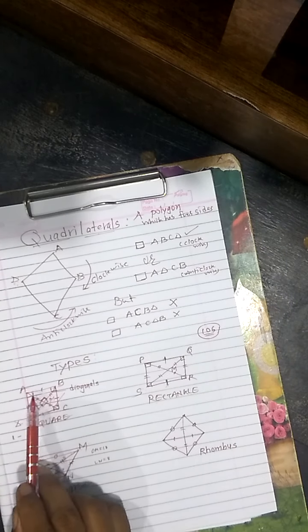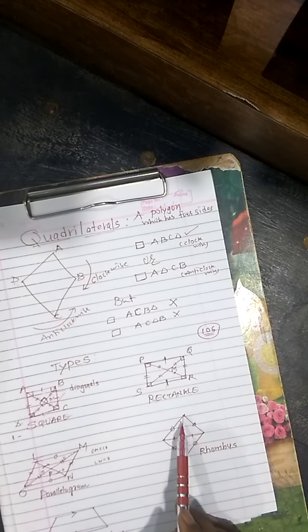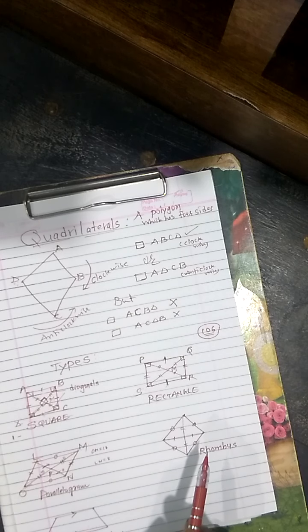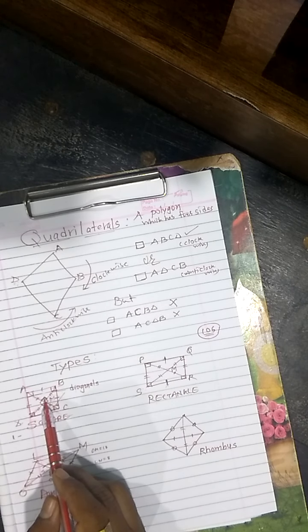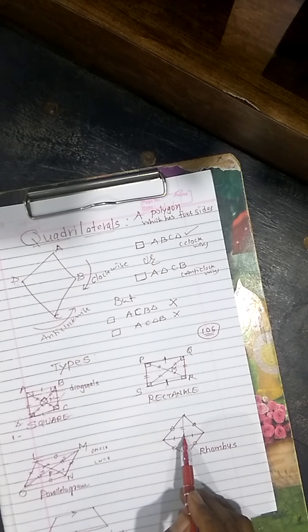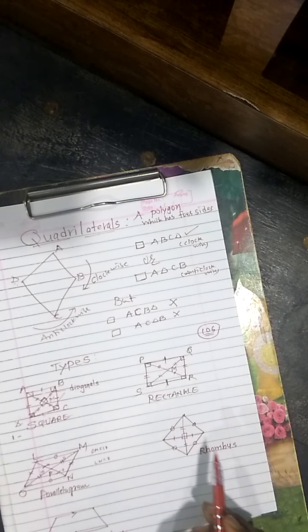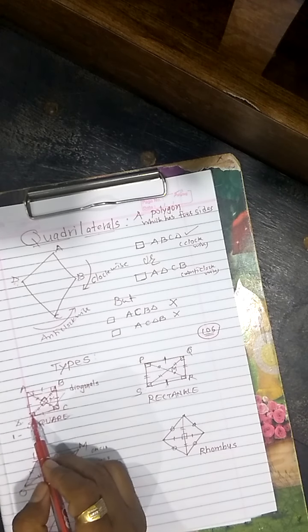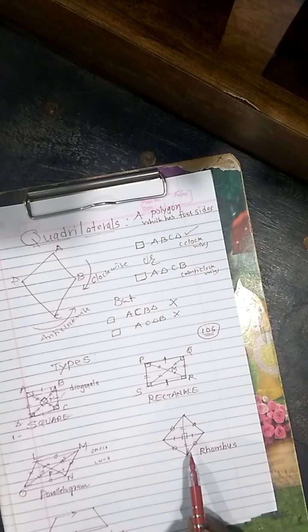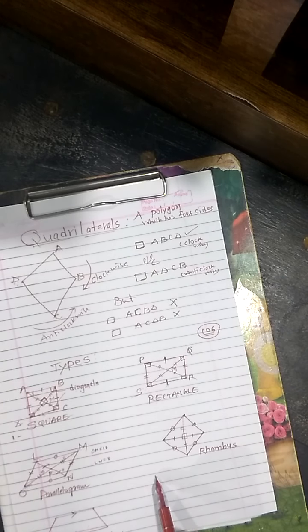In a square two diagonals are there, in a rhombus two diagonals are there. In a square two diagonals bisect each other at right angles. Here also they bisect each other at right angles. In a square both the diagonals have the same measure, but in a rhombus both the diagonals do not have the same measure.